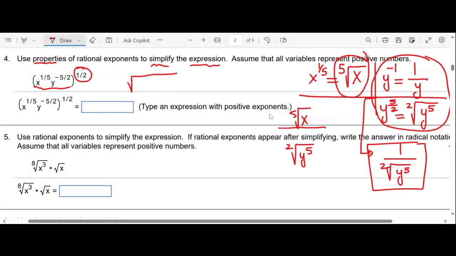I'm not finished yet. Why? Because all this is to the power of what? 1 over 2. That means I have to distribute this how many times? Twice. Very good.